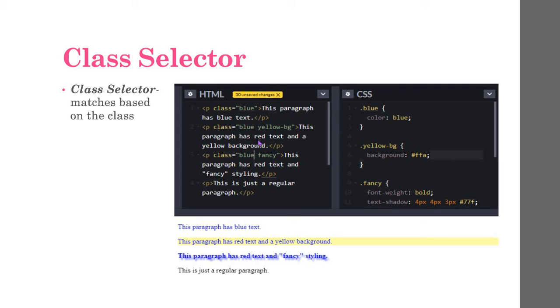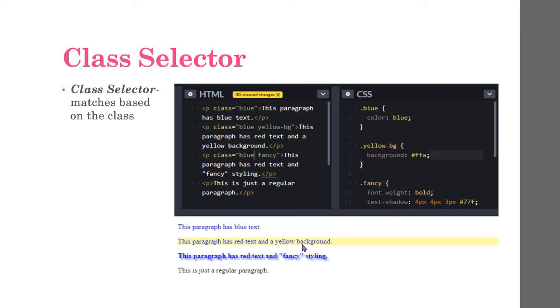So we can apply these declarations to those classes. For example, here we only have blue, so the text will be blue. And for the second one we have 2 classes, blue and the yellow background.